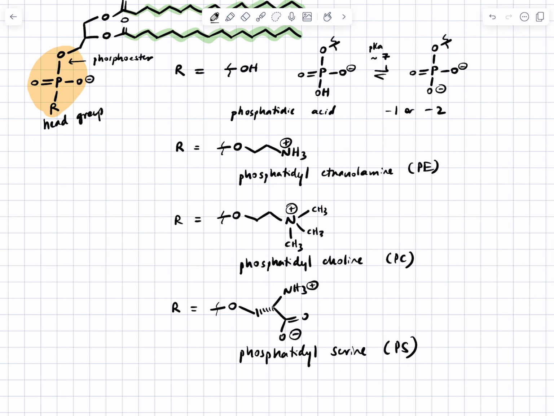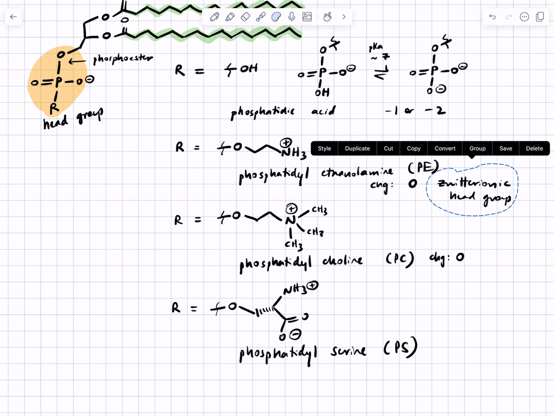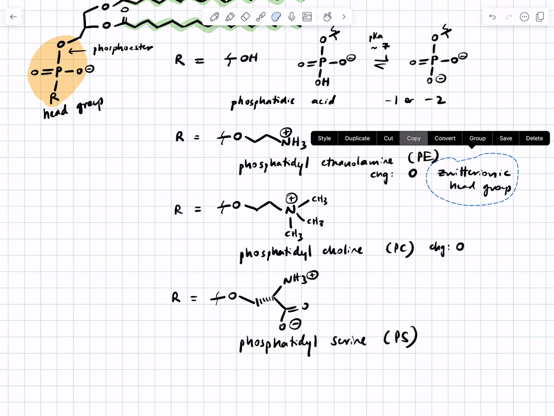If it's phosphatidylethanolamine, the overall charge is 0, and we call that a zwitterionic head group. Same thing with phosphatidylcholine, the overall charge here would be 0, and again, phosphatidylcholine represents a zwitterionic head group.